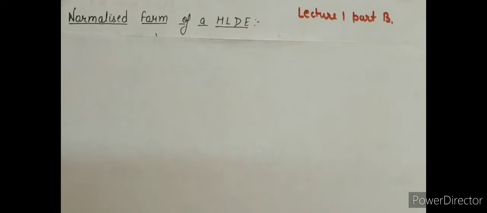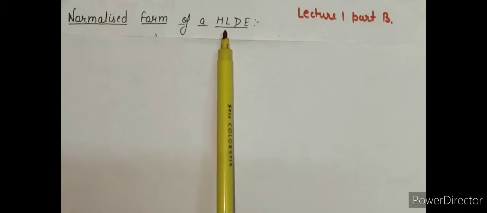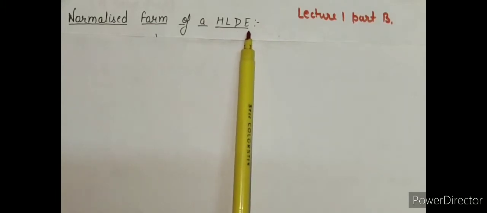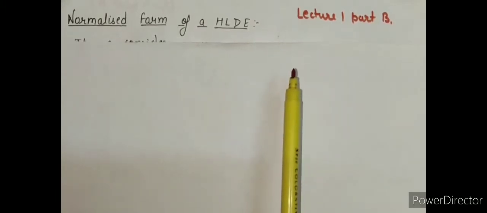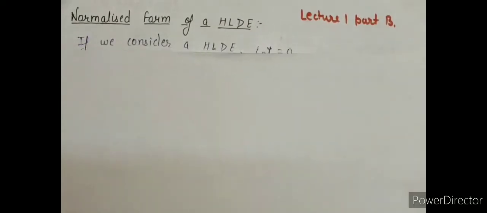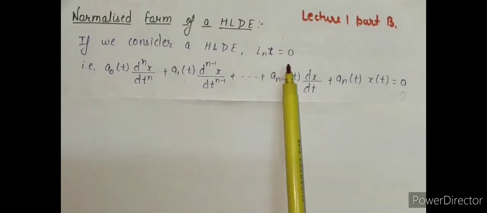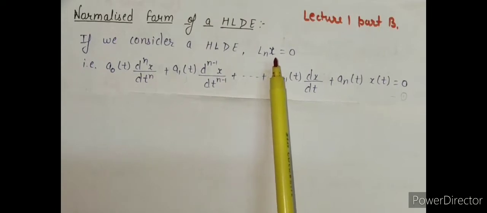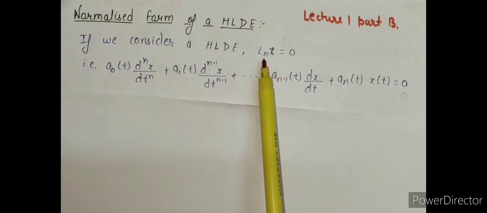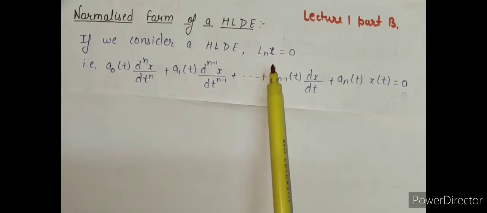So first, what is the normalized form of a homogeneous linear system? First, what is a homogeneous linear differential equation? In A part, I told you I can write this in the form Ln x = 0, where x is your dependent variable and Ln is your linear operator.